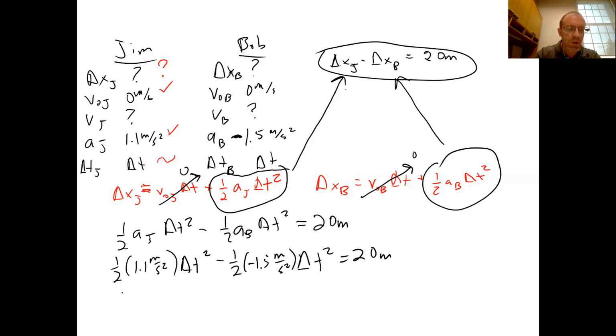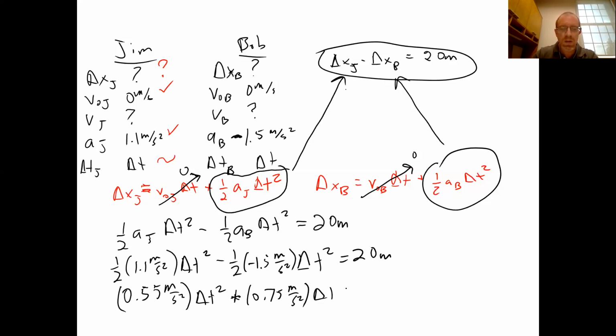So this gives me 0.55 meters per second squared times delta t squared. And then I've got minus 1/2 times a negative 1.5. The negative signs are going to cancel there. I'm going to get plus 0.75 meters per second squared times delta t squared is equal to 20 meters.